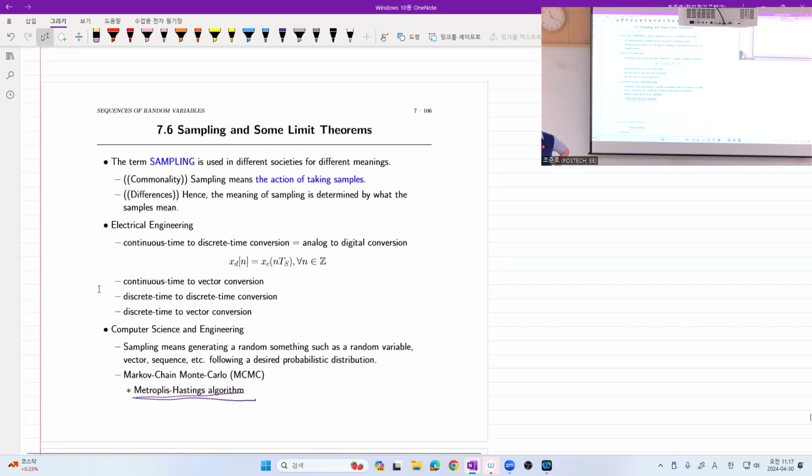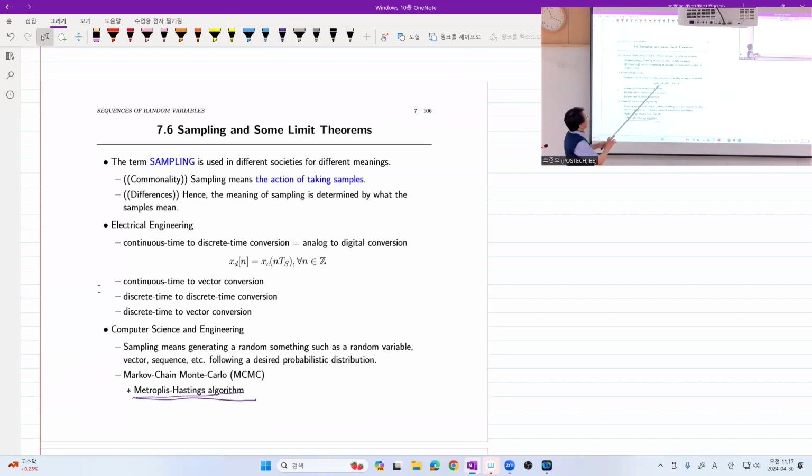But why do we talk about this random number generation under the title of sampling and some limit theorems? Because sampling means a lot of different things. Of course, they are related, but different things in electrical and computer science and engineering. For example, what is sampling in electrical engineering?